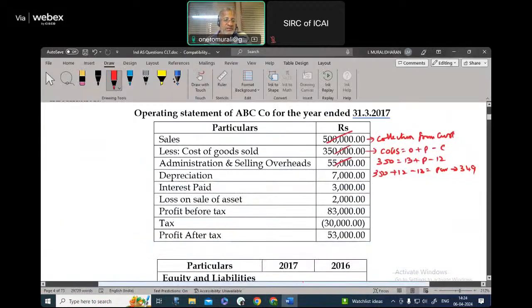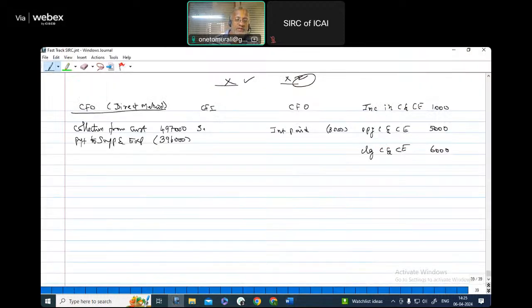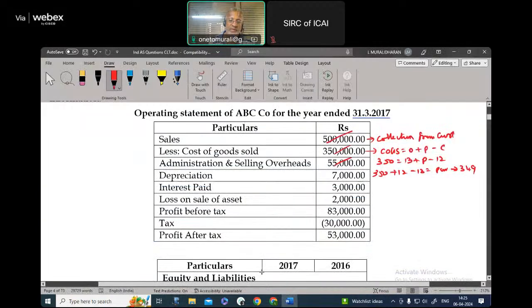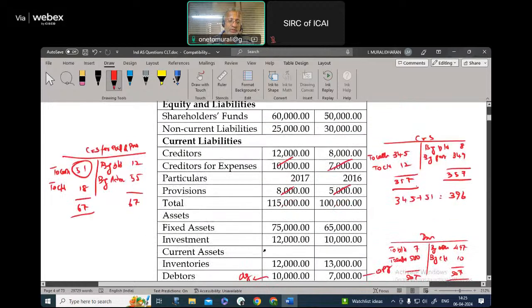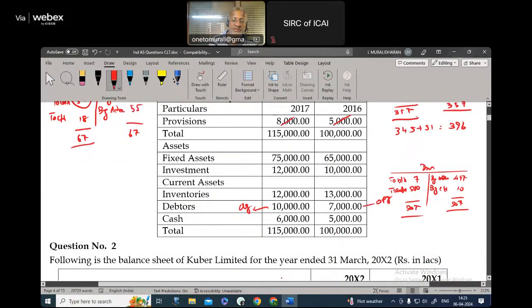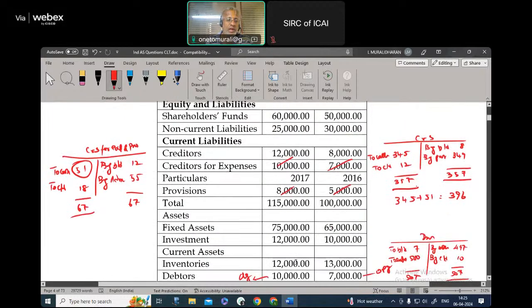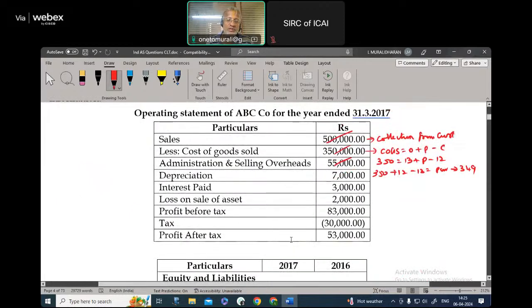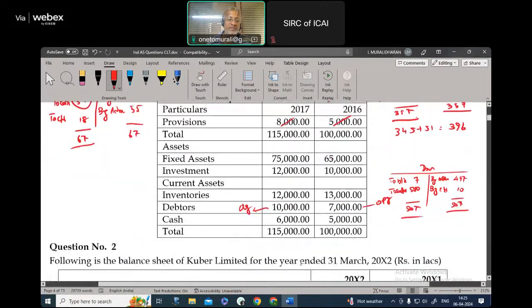Loss on sale of assets. Sale of assets, we will update that for sale of assets. They mentioned 2,000. So as far as fixed asset is concerned, you do not know accumulated depreciation and all that. You have 65,000 opening, closing balance 75,000. And we have a depreciation to the extent of 7,000. Now let us prepare fixed asset account.